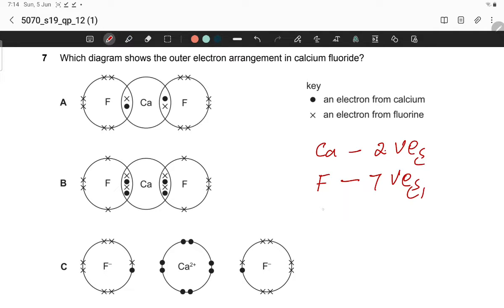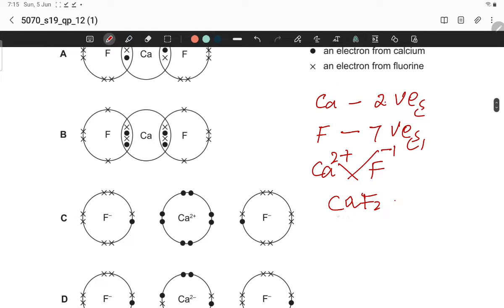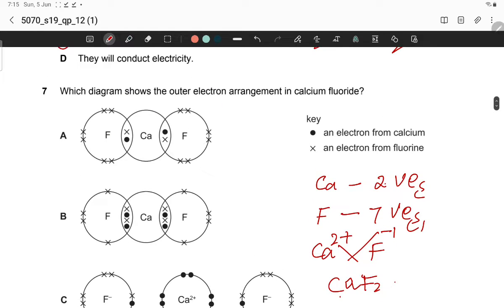So calcium is a metal, after losing 2 electrons carrying 2 positive charges, and fluorine after gaining 1 electron carries -1, to form CaF2. So two atoms of fluorine react with one atom of calcium.